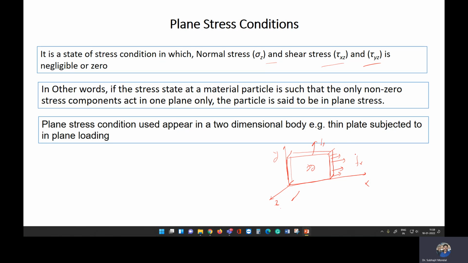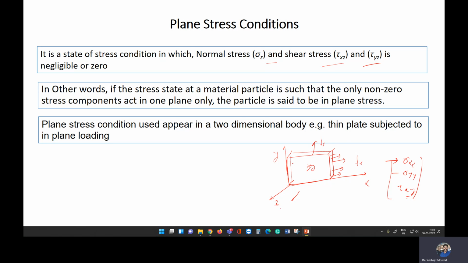If the force condition is also in a plane, then the stress generated in the body will also be in-plane in nature. So here the stress components will be sigma xx, sigma yy, and tau xy. These three components will be predominantly higher than the component acting out of plane.